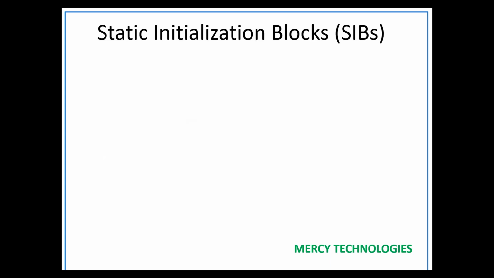So for the static initialization block, the main purpose is that it is used to initialize static global variables. You can call it by any name: static blocks, or static initialization block. The name itself says it is a block, correct? A block can have a group of statements. That block is a static block, and it is used for initialization purposes.